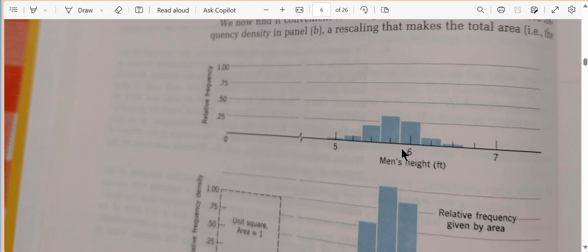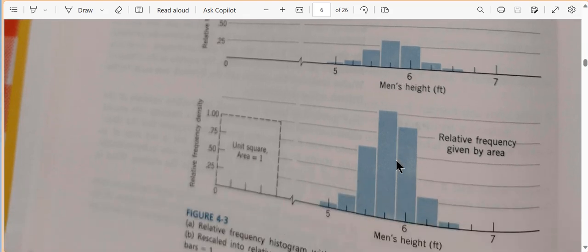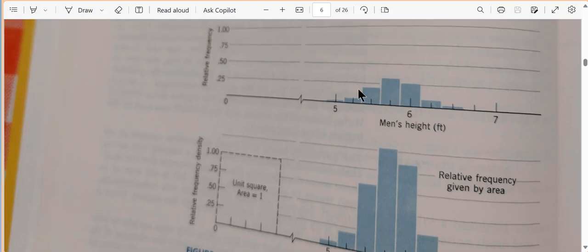Basically what we'd like to do is take this, where the area of all these blocks is probably not equal to 1 right now, but we can rescale the y-axis so that the area of all of these blocks together will be 1. You just divide by something.